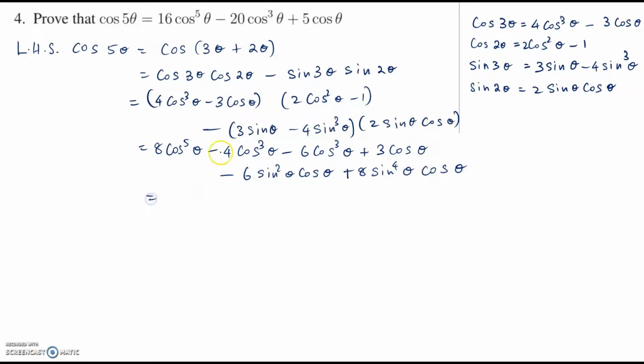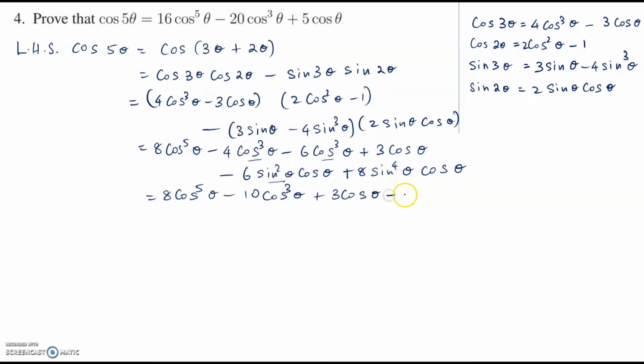Okay. Now here we can simplify these two expressions, and make this 8 cos to the power 5 theta minus 10 cos cube theta plus 3 cos theta, which is the first 4 terms. Then instead of the sine squared theta, let us replace it with 1 minus cos squared theta.